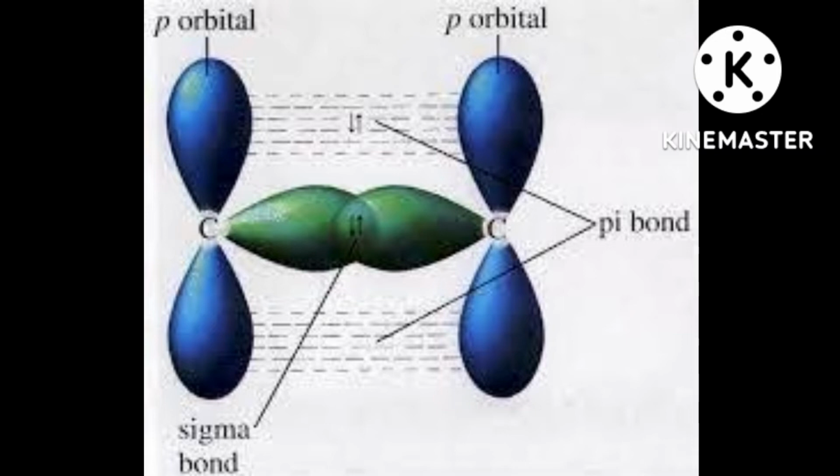One other overlapping is sidewise overlapping, also called lateral overlapping. Suppose both are vertical. If they come closer, obviously the lobes will come closer to each other.